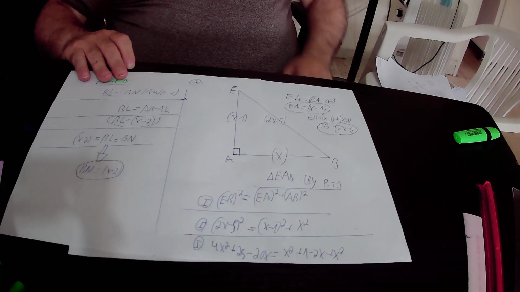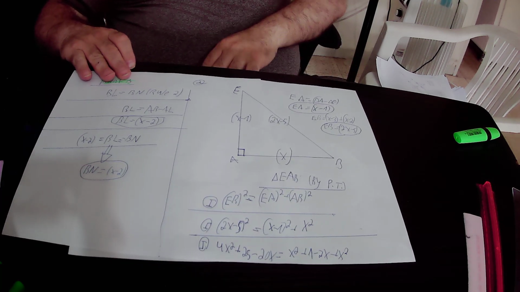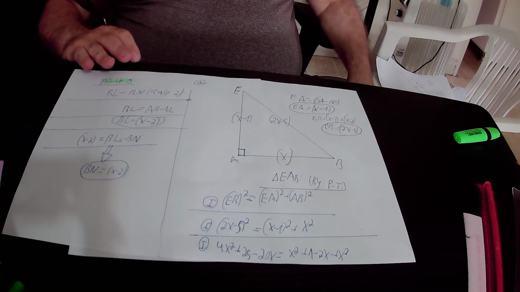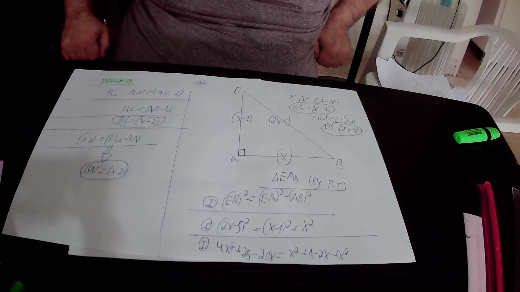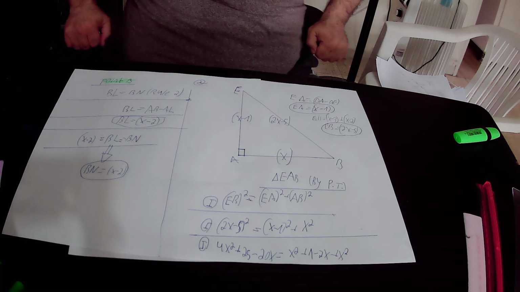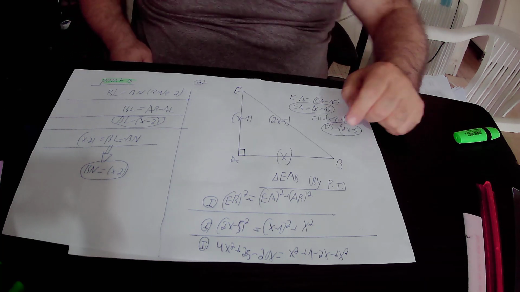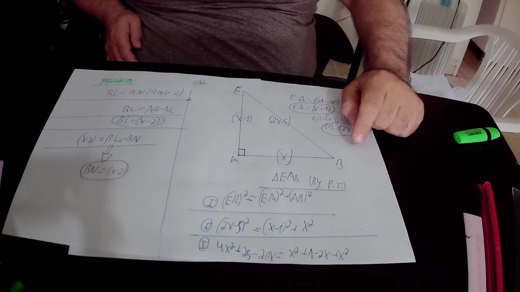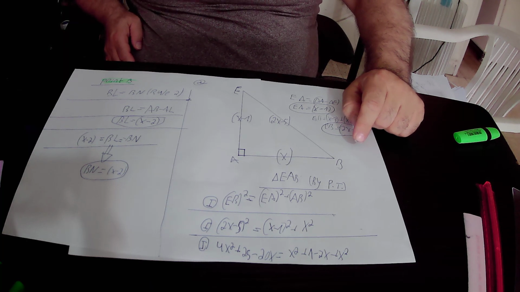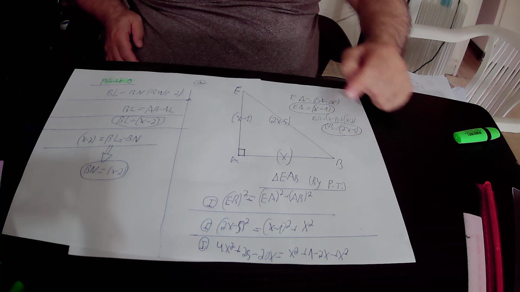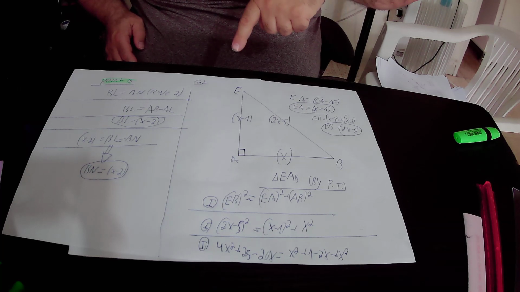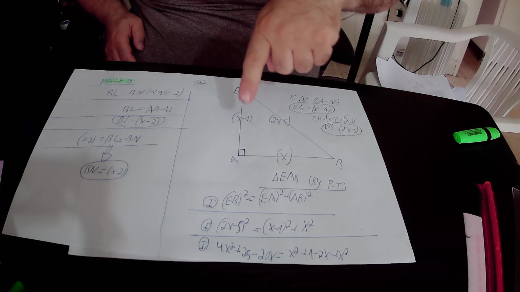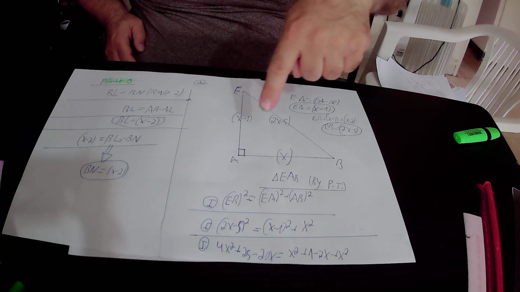Then we implemented the Pythagoras theorem in this right triangle EAB. According to the Pythagoras theorem, the square of the hypotenuse equals the sum of the squares of the perpendiculars. The hypotenuse is EB, so the square of the hypotenuse is EB squared, and it is equal to EA squared plus AB squared.